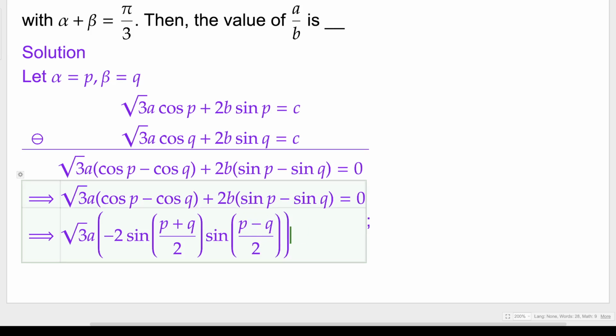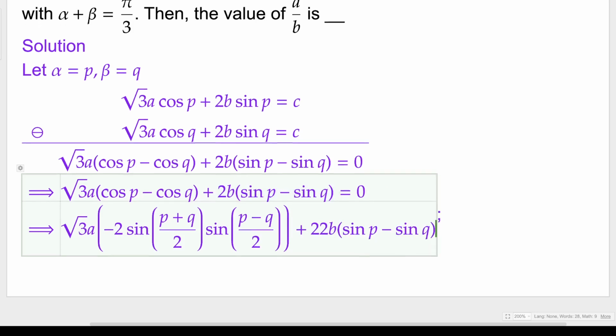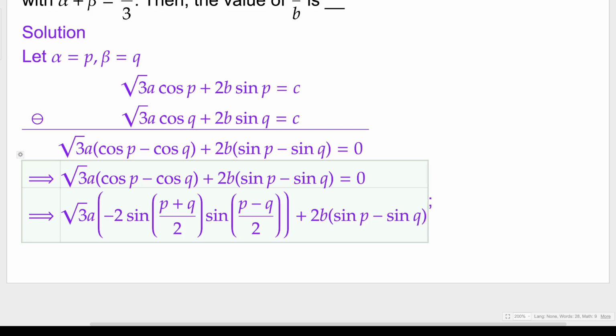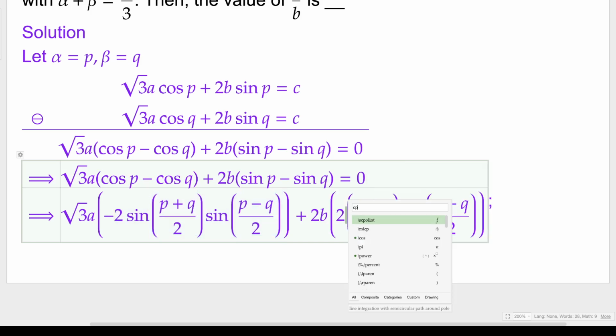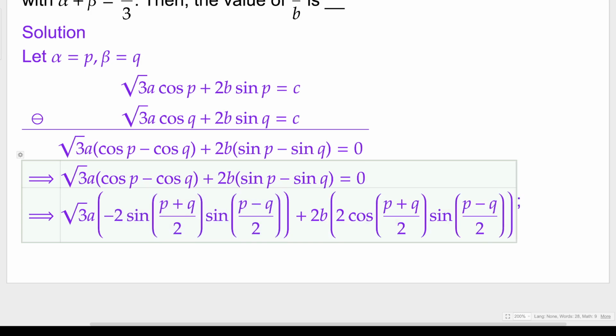Next, expanding the sine c minus sine d term, the structure will remain the same: 2 times cosine of p plus q over 2, times sine of p minus q over 2, and this is equal to 0.